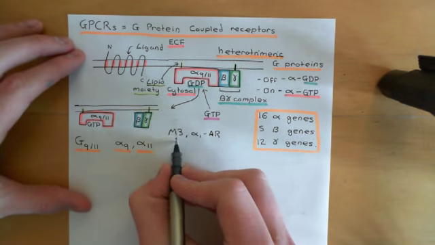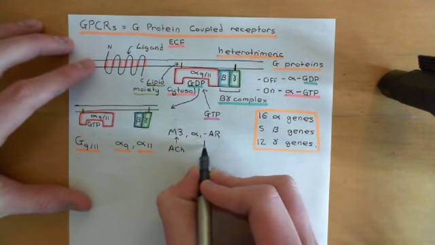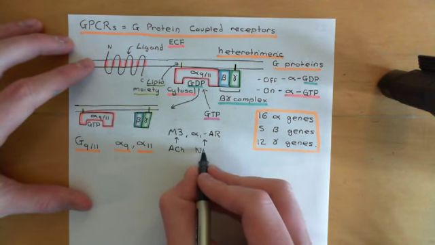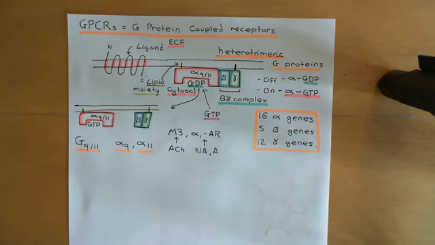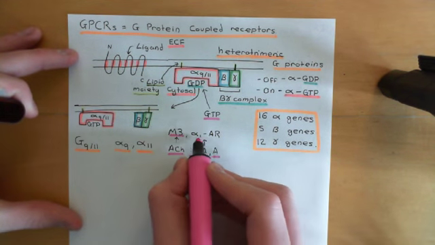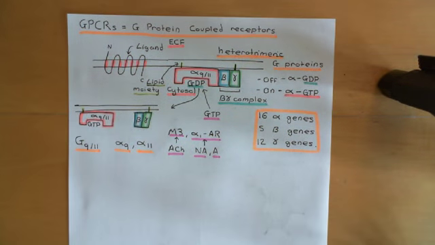M3 is a G protein coupled receptor for acetylcholine, and the alpha-1 adrenoreceptor is a G protein coupled receptor for noradrenaline and also for adrenaline, which I'll abbreviate down to NA and A respectively. These are some very notable examples of G protein coupled receptors which, when activated, like to activate GQ/11 heterotrimeric G proteins, i.e. heterotrimeric G proteins where the alpha subunit is either alpha Q or alpha 11.